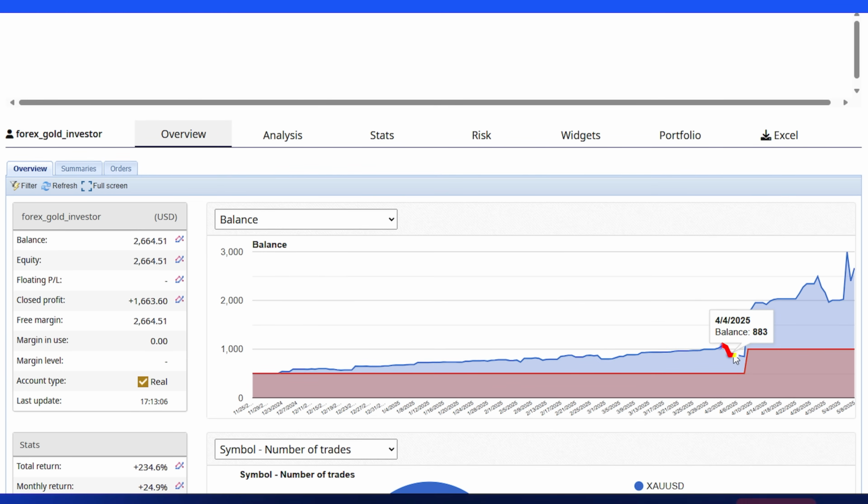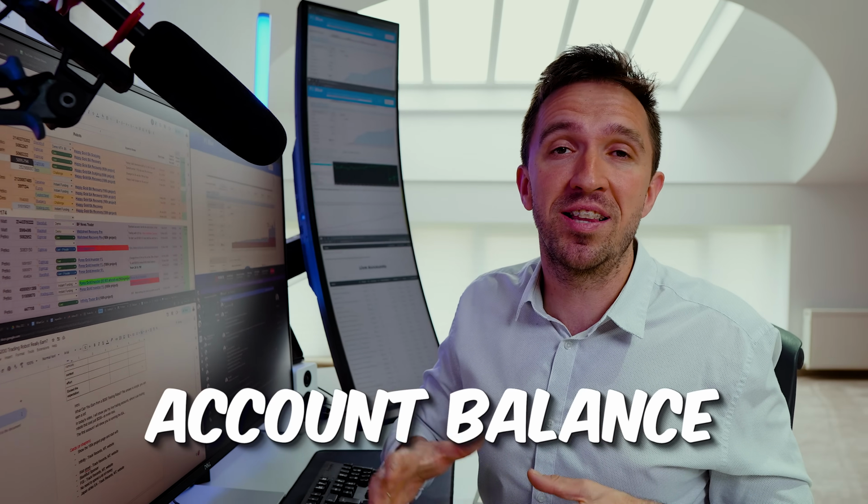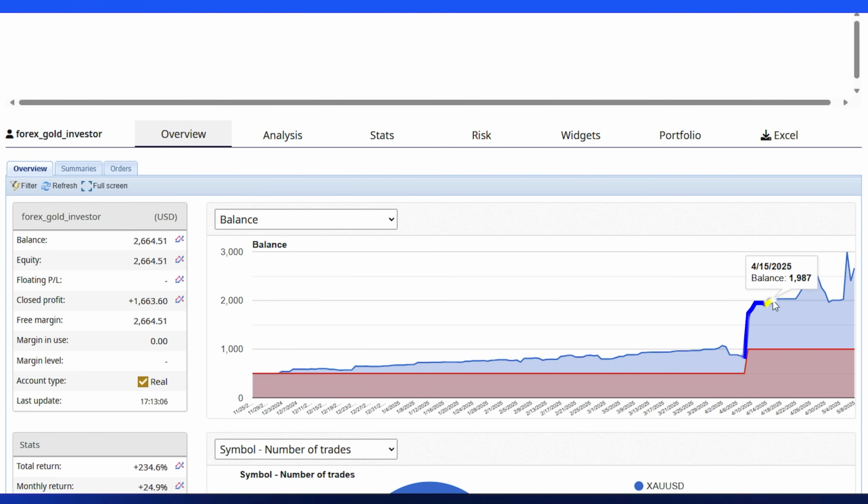Then there was a small stagnation period, but I added another $500 to make the initial account balance $1,000, so it will be part of my 100k project. And then it went up all the way to 2,493. There was a drop around these volatile times with the gold and drastic profit nearly at 3,000. It dropped and now it's recovering.